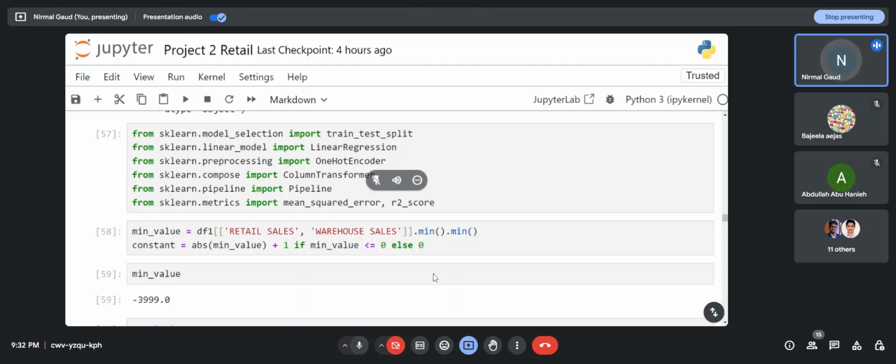Hello everyone. In the previous session, we were doing the modeling part of our retail project, and we used linear regression. As per the discussion, we talked about requirements for applying data to a model, and linear regression requires data to be normally distributed.